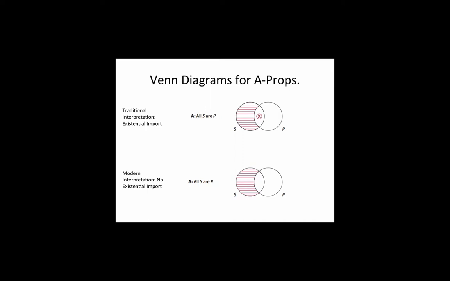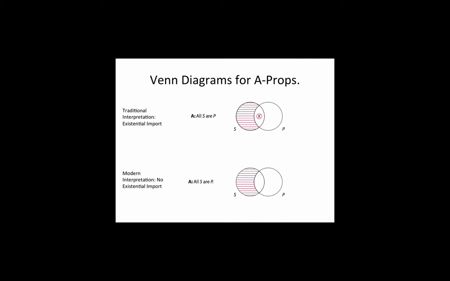But what does it mean then to say that we do assume existential import? In other words, let's review what it is to take the traditional or Aristotelian standpoint when we look at the universal proposition. We assume a member of the subject class in our 2 universal claims exists.